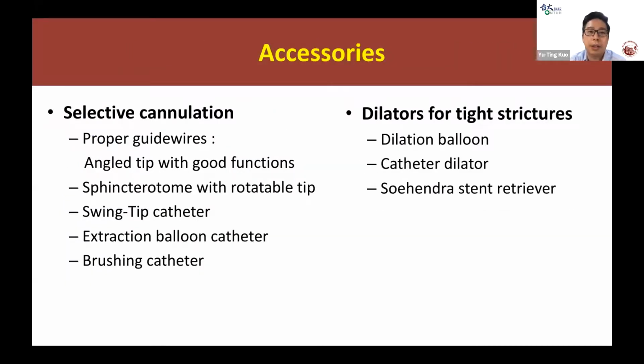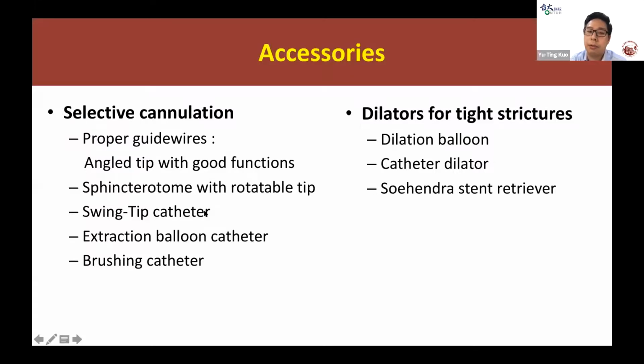The accessories are very important. I will separate them into two parts. The first part is selective cannulation. You need a proper guide wire. Usually we use an angle tip guide wire, and sometimes you can change the tip, like a rotatable sphincterotome or swing tip catheter.